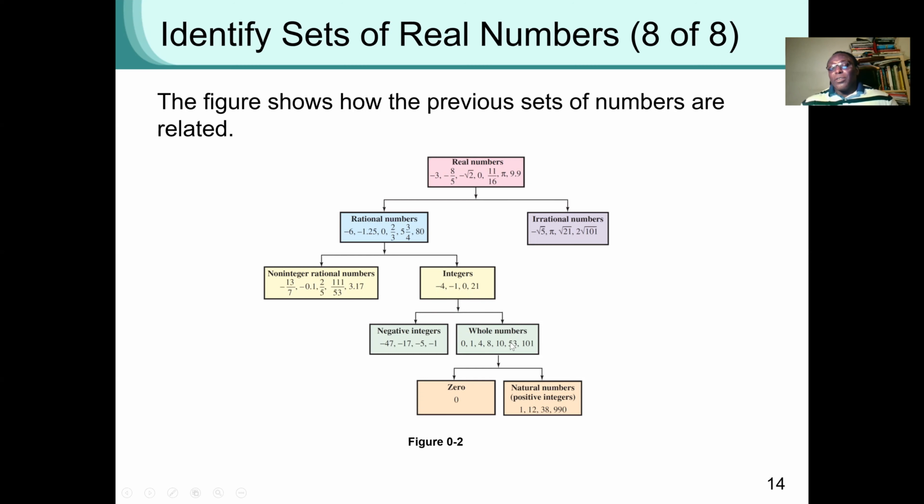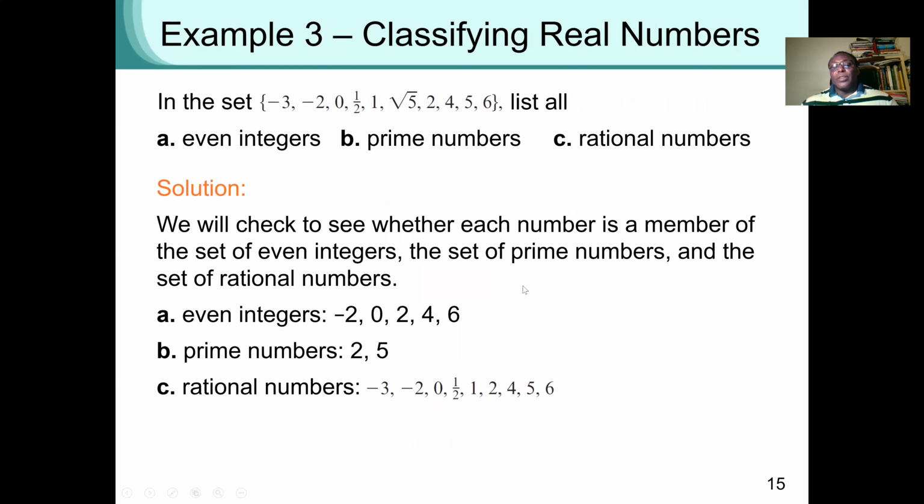Then negative integers, whole numbers, 0, and natural numbers, which, as we said earlier, always start from 1. Integers start from 0 and include negative values. Whole numbers start from 0, so there are no negatives. Then we have negative integers, which are only negative values. We do not have negative 0. 0 is 0. So this is what we cover for now, the real numbers and the different types of real numbers.